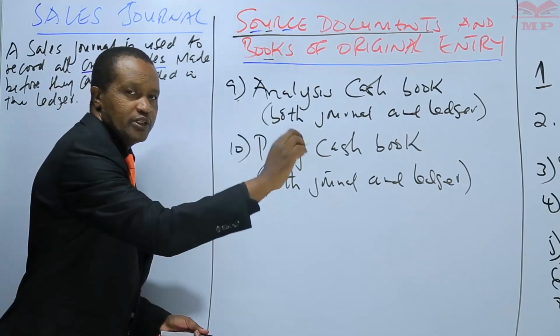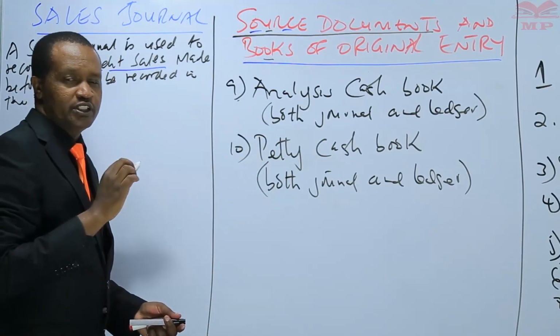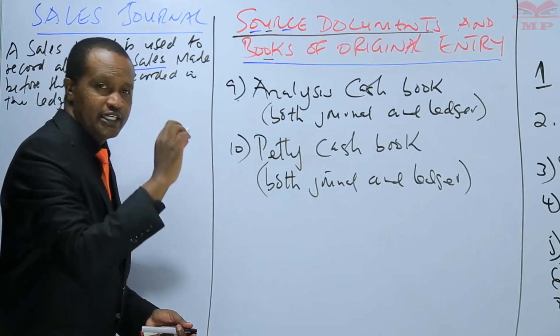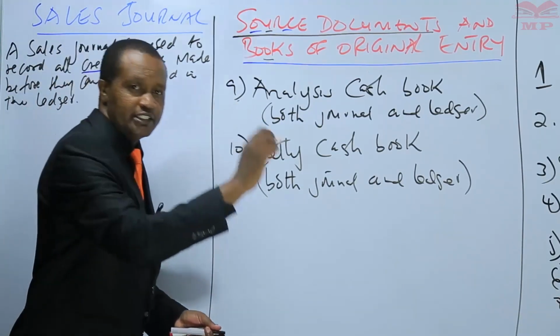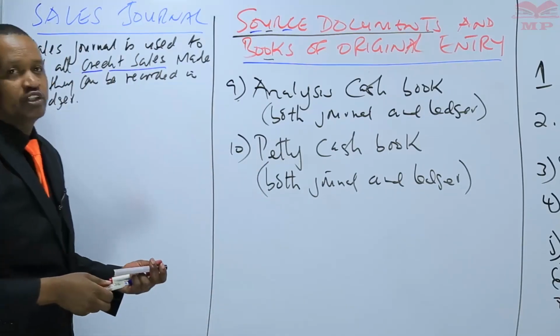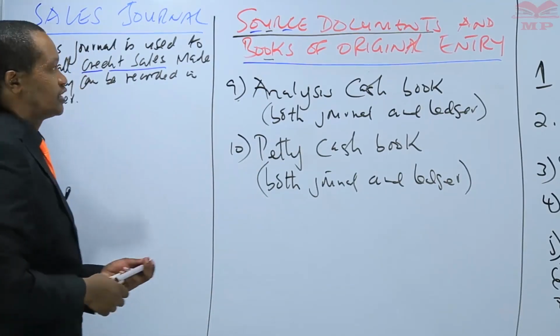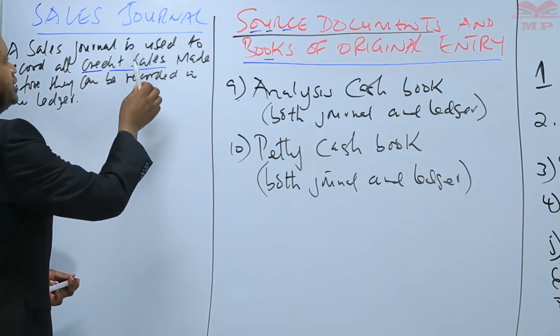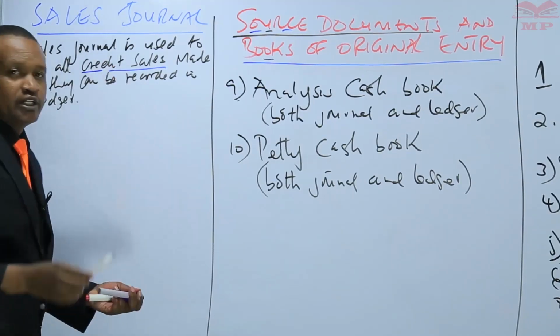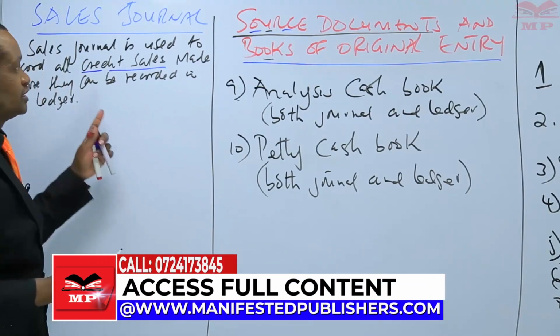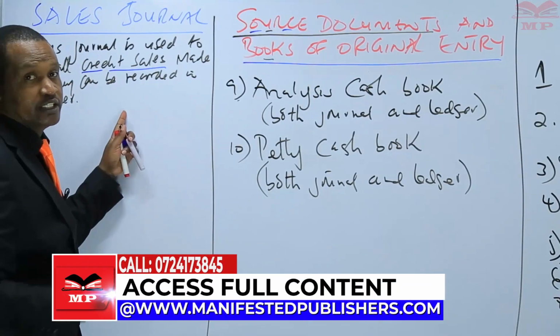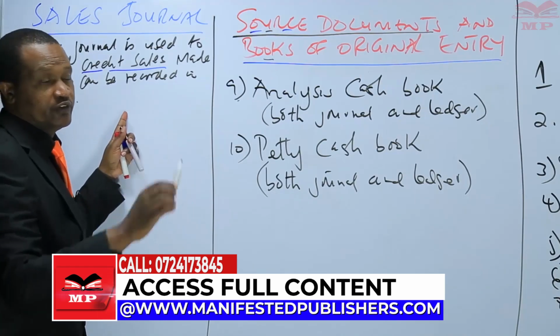The customers who buy from the business on credit are also known as debtors. When the business sells to debtors, such a transaction is recorded in the sales journal, and the source document that is used to make entries in the sales journal is the sales invoice.